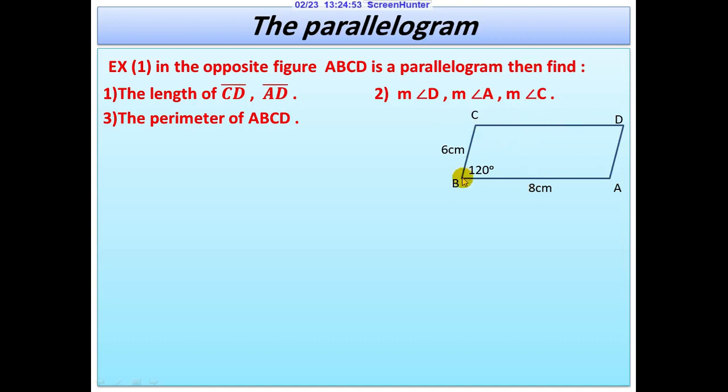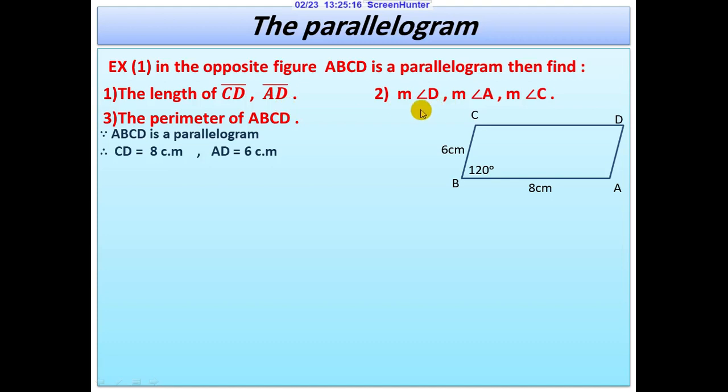And the length of CB must equal the length of AD, equal 6 centimeters. But how to write it properly? We can say since ABCD is a parallelogram, therefore CD equals 8 centimeters and AD equals 6 centimeters. This is the first required.